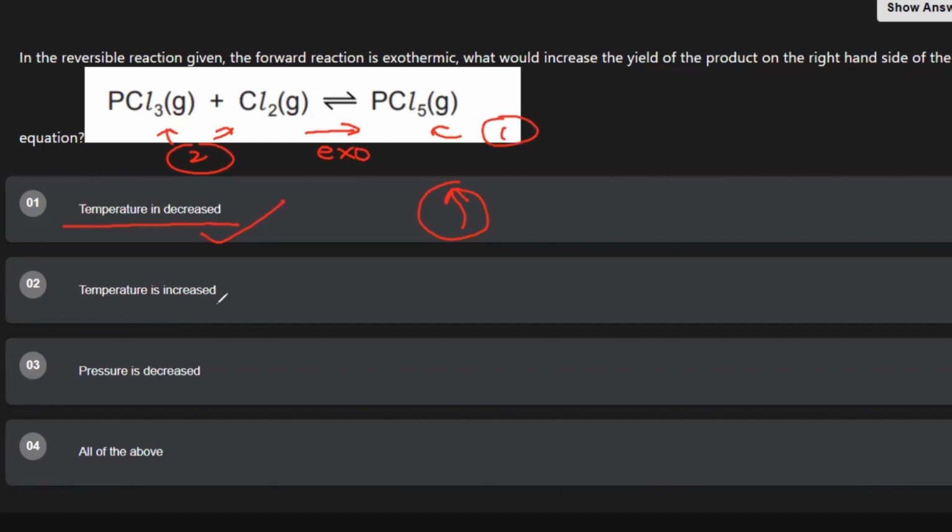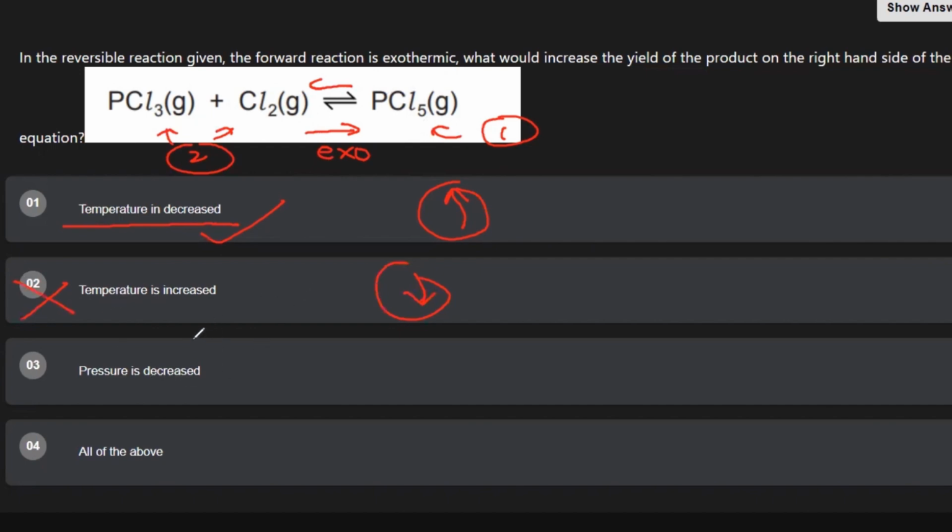If the temperature is increased, then the system wants to decrease the temperature. And to decrease the temperature, the system will favor the endothermic reaction, which is the reverse reaction now. When the reverse reaction is promoted, the yield of the wanted product PCl5 decreases. So no, temperature increasing is not helping.